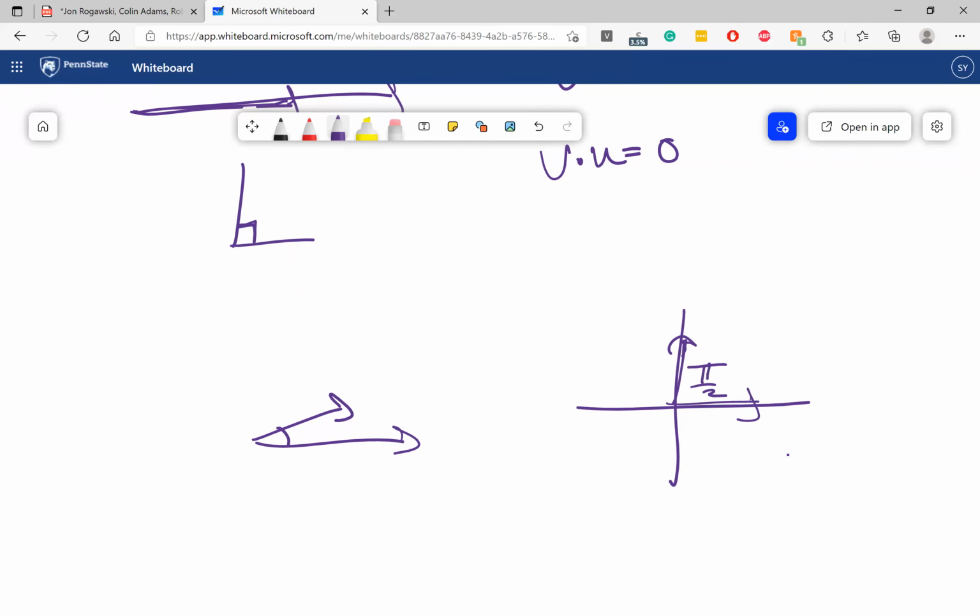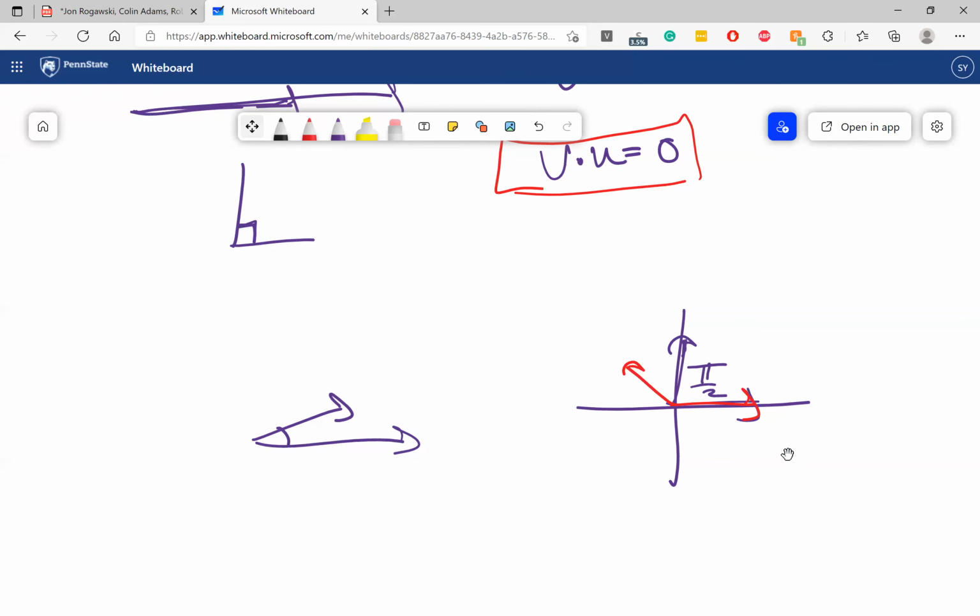And when it's bigger, when it's looking something maybe like this, now the angle is bigger than pi over 2. So you go from something positive to something 0 when you're at 90 degrees. And then it becomes negative.